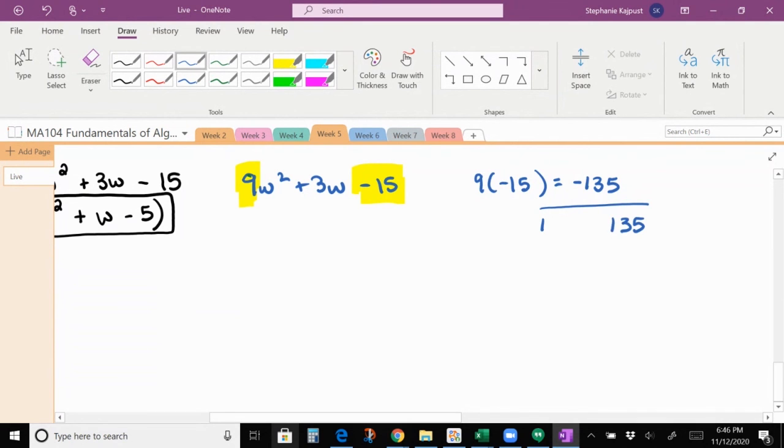So I usually just start with the most obvious, 1 times 135. There you go. And then I start counting up from 1. I know 2 won't divide into it because it's not even. So then I'll try 3. Yeah, 3 might. So we got 3 and 45. Then I'll try 4, and I just take my calculator and start going through it.